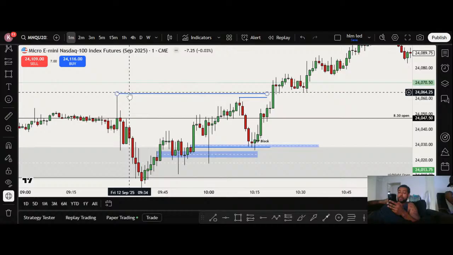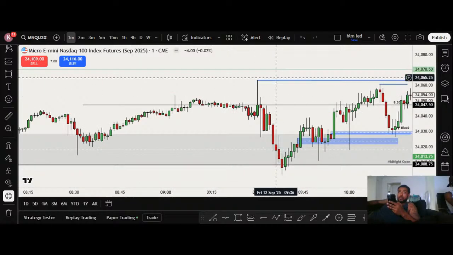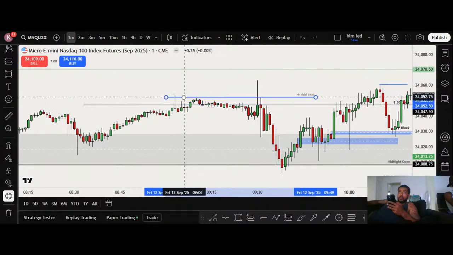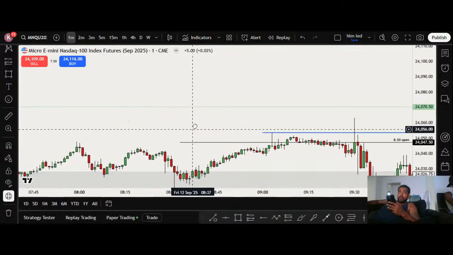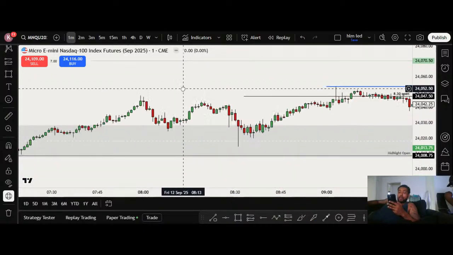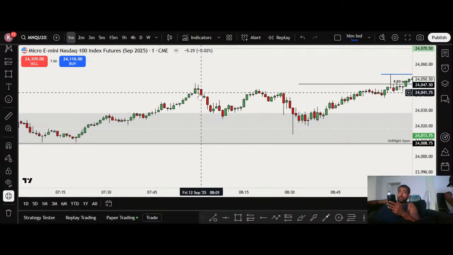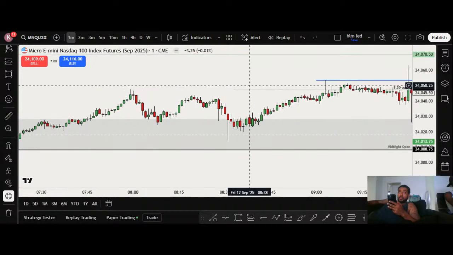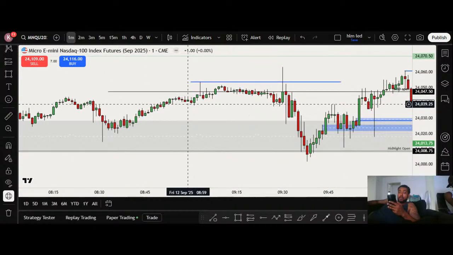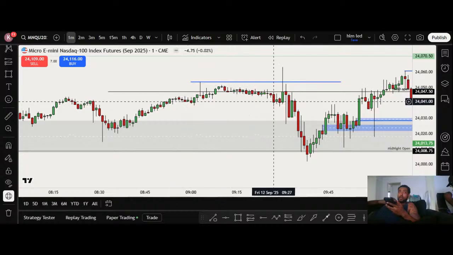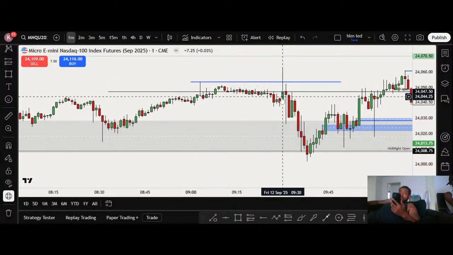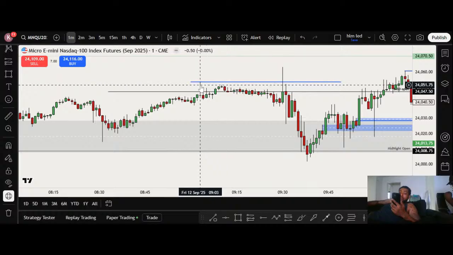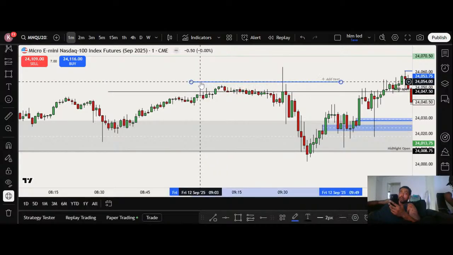All right, so real quick, in the pre-market, I look at the highest high from 7 a.m. to 9:29. Because when 9:30 opens, I'm waiting to see what gets swept. So I'll mark out the highest high, which was here, this blue trend line.